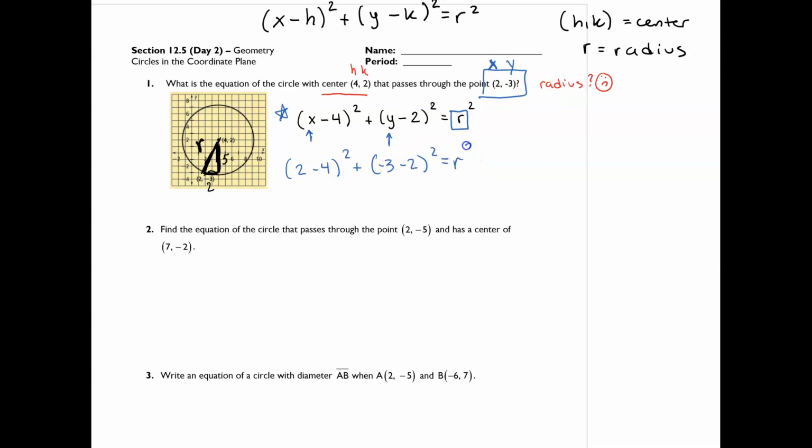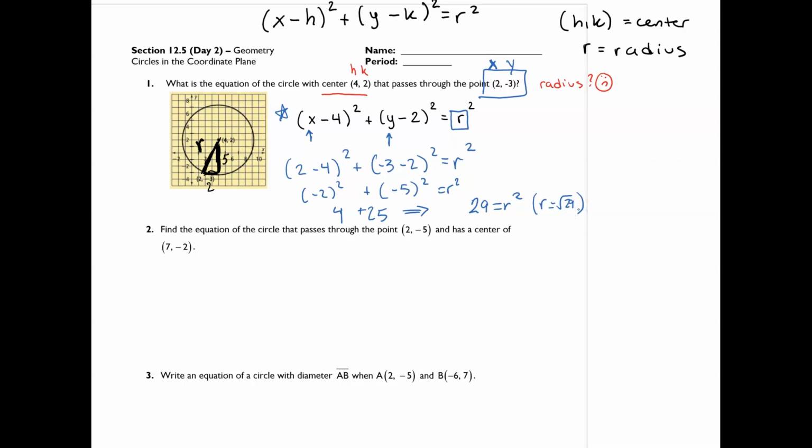That's going to help us find r squared, which will tell us the radius, but we just really need r squared. 2 minus 4 is -2. -3 minus 2 is -5. -2 squared is 4. -5 squared is 25. 29 is equal to r squared, which does mean that the radius is the square root of 29.